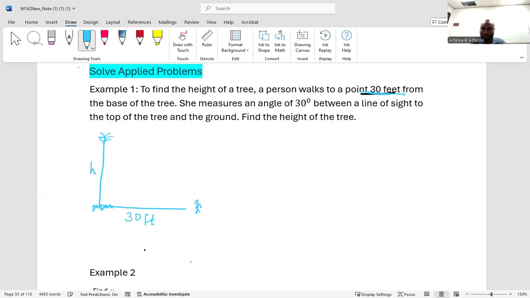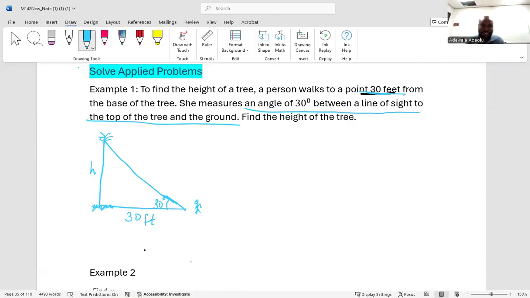She measures an angle of 30 degrees between a line of sight to the top of the tree and the ground. So she's looking up there and measures that the angle between the line of sight, the line through which she's seeing the top of the tree, and the ground is 30 degrees.